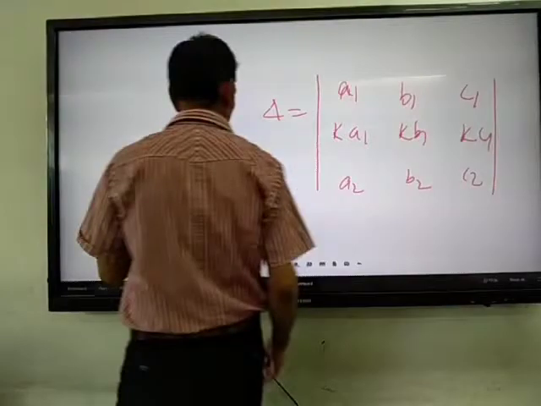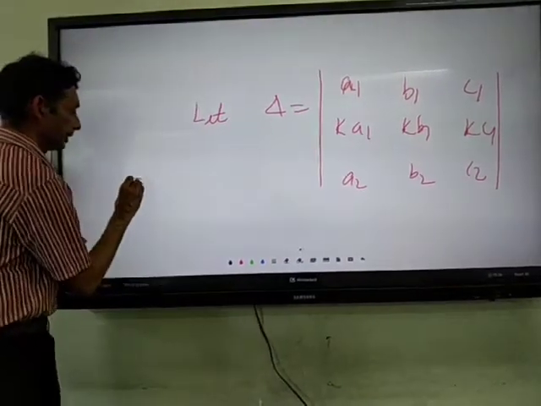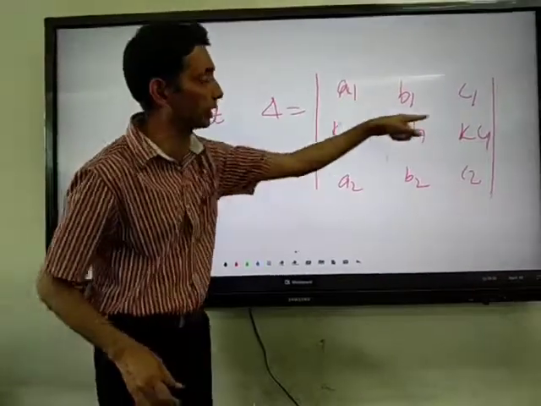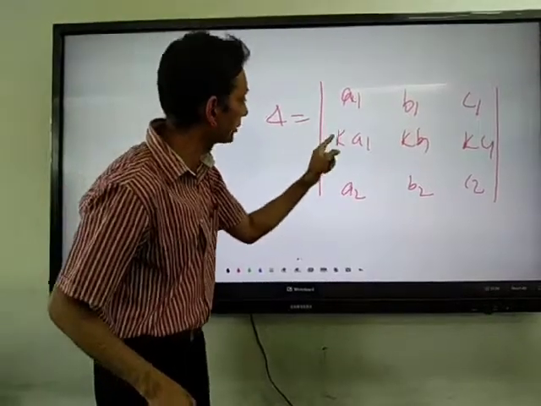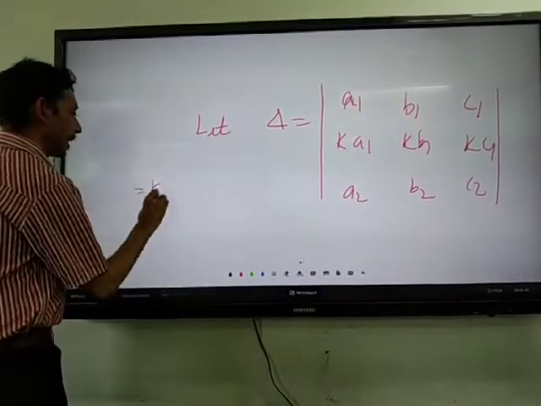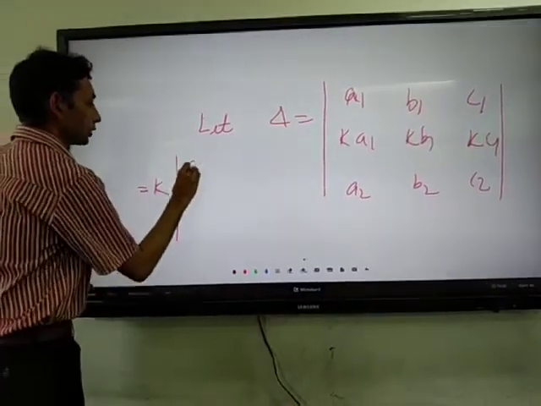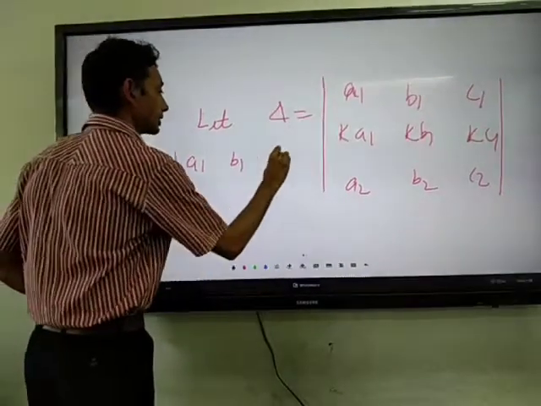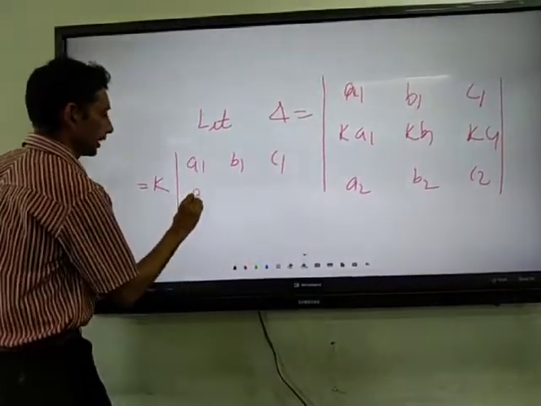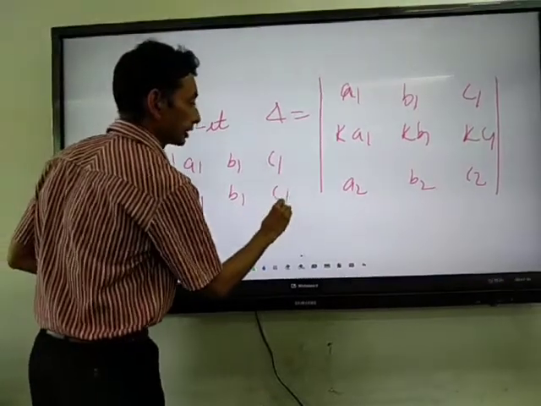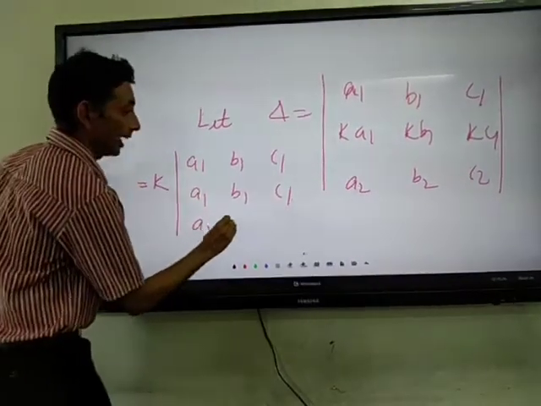According to property 4, since the second row gets multiplied by k, obviously you can take k out. If you take k out, what will be left? The first row is a1, b1, c1, the second row is a1, b1, c1, and the third row remains as it is.